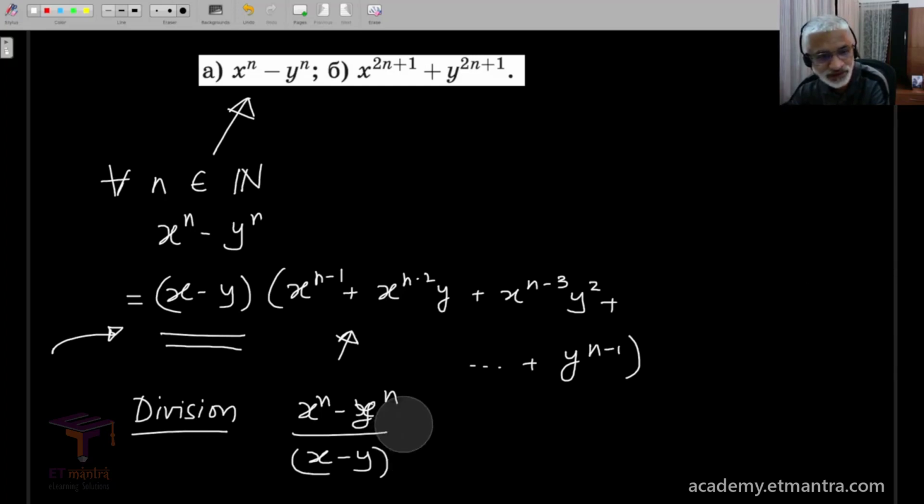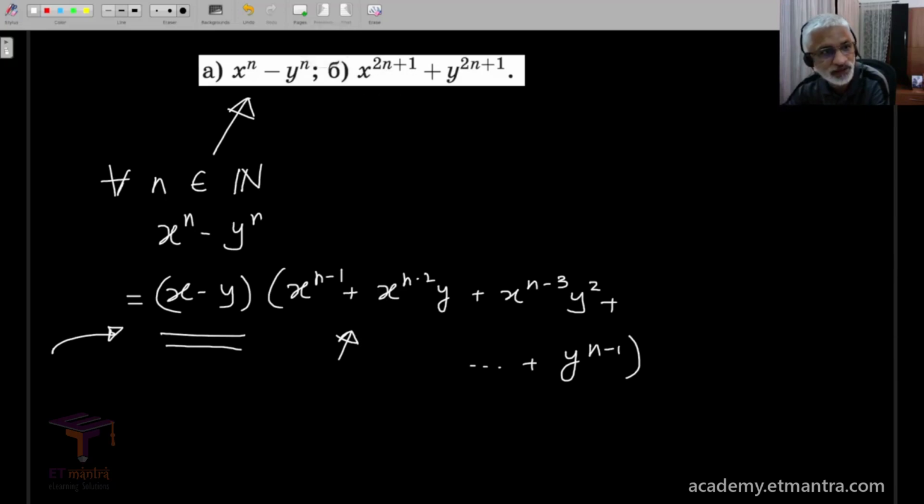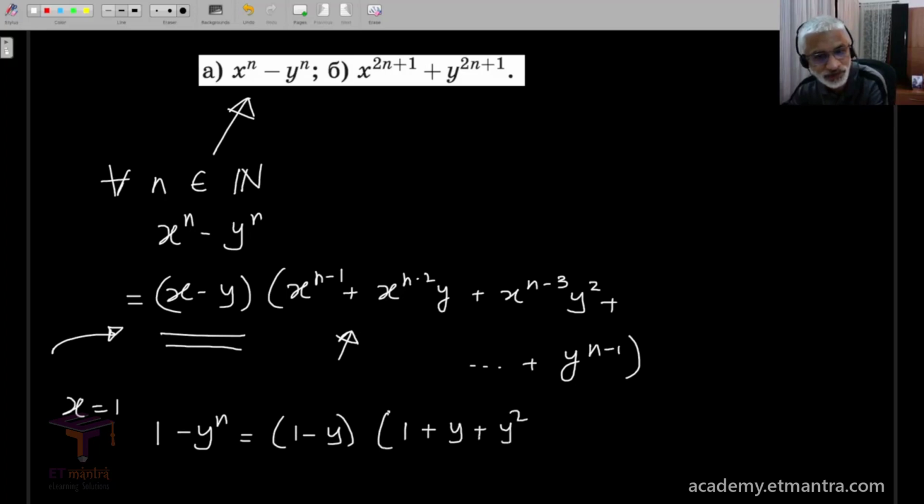So for instance, suppose I take x equal to 1 in the above expression, then I get 1 minus y raised to n is equal to 1 minus y into 1 plus y plus y square, and so on, plus y raised to n minus 1. Now here you see that this is a geometric progression sum.